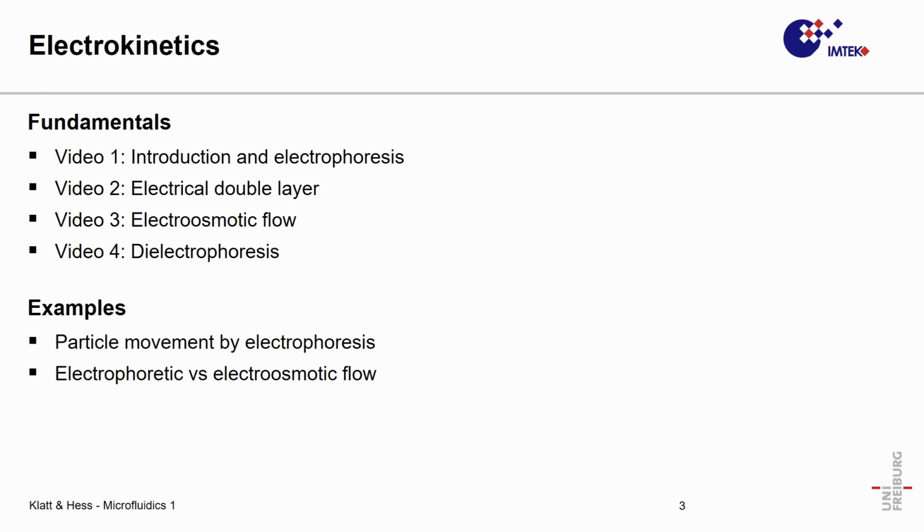The third video will describe the impact of electrical double layers, which basically result in electroosmotic flows. And the final video will be an introduction to dielectrophoresis. In the lecture, we will cover 2 examples to deepen your knowledge within this topic.